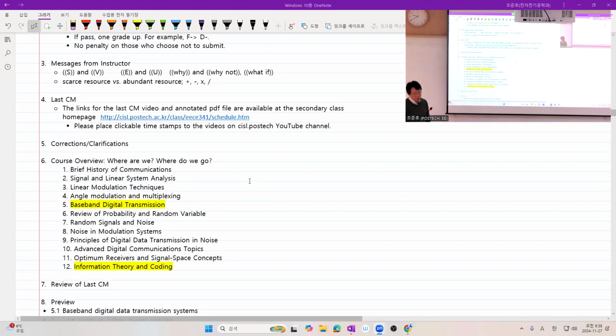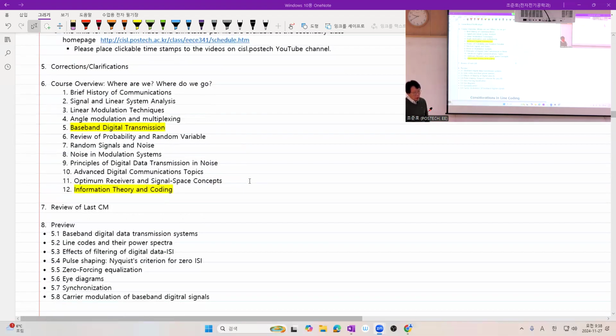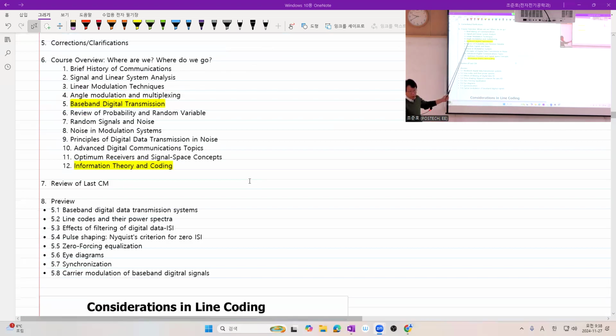Last class meeting, I just spent 15 minutes, so I will just regard it as the review for today. We are covering chapter 5, but as I told you, we are going to move to chapter 12, information theory and coding, and I'm also giving you some flavor of this information theory and coding in this chapter 4.